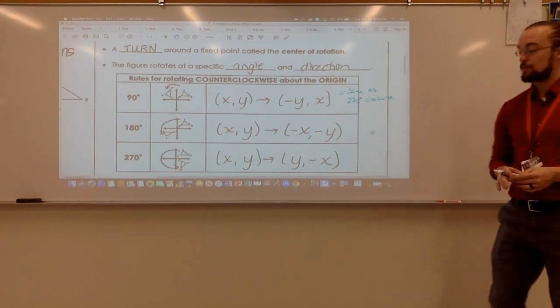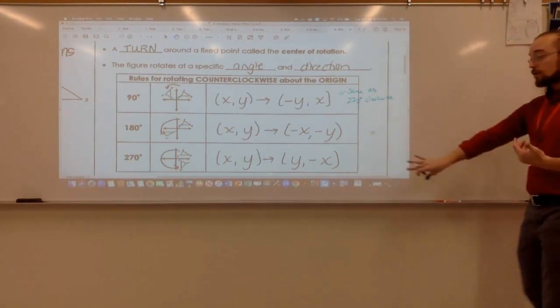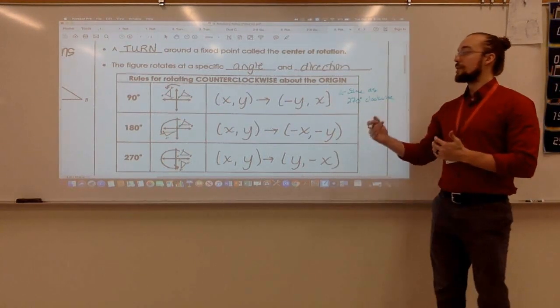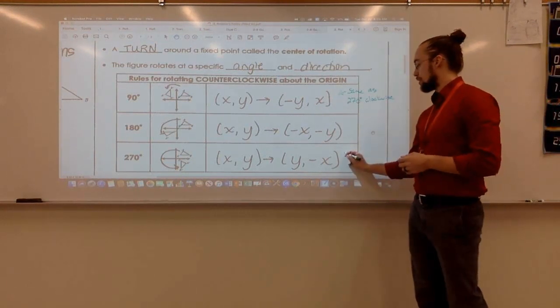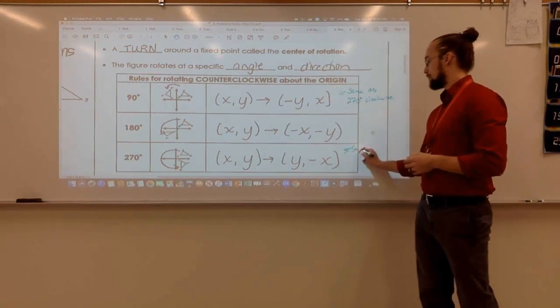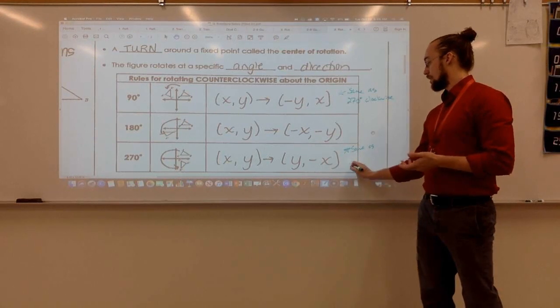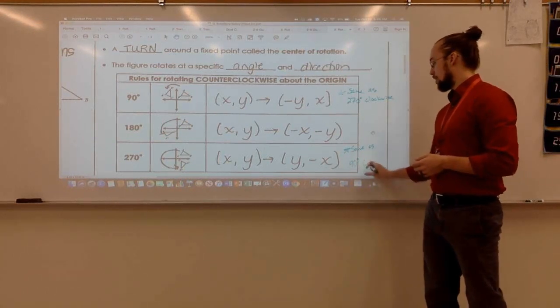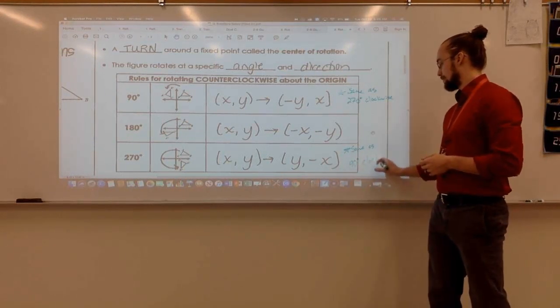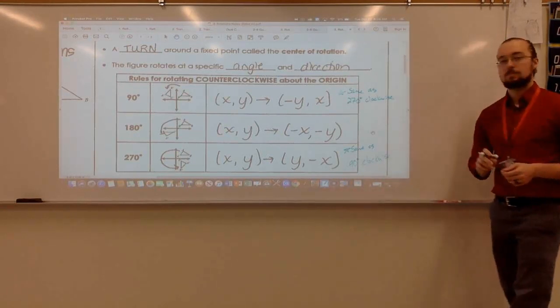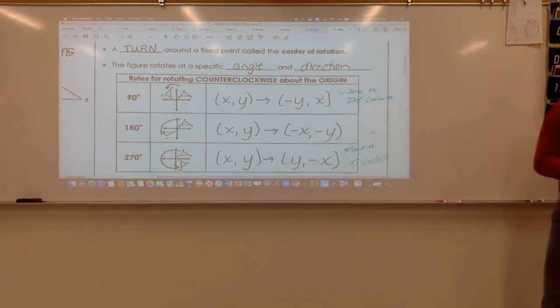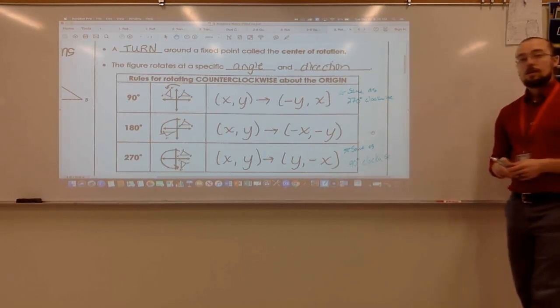Yeah, that's absolutely true. So we could also say a 270 degree counterclockwise rotation is the same as a 90 degree clockwise rotation. So if we're going clockwise or counterclockwise, we're always going to be in the same position if it gets into that quadrant.